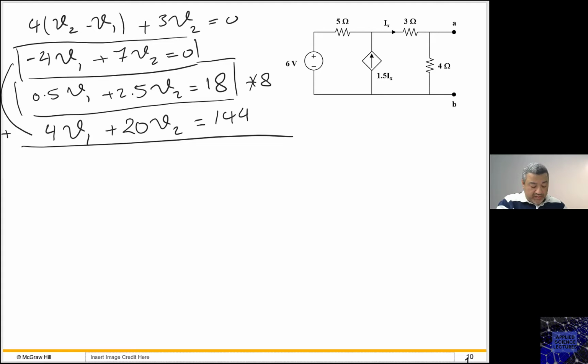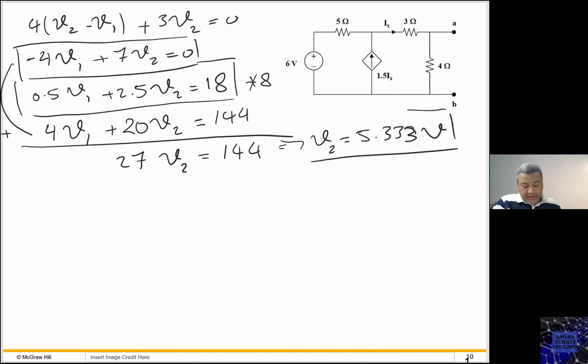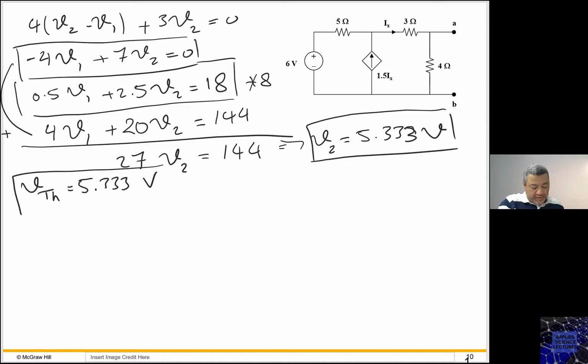I get 27 V2 equals to 144, and V2, which is my V Thevenin, is 144 by 27, which is 5.333 volts. This is my V Thevenin.